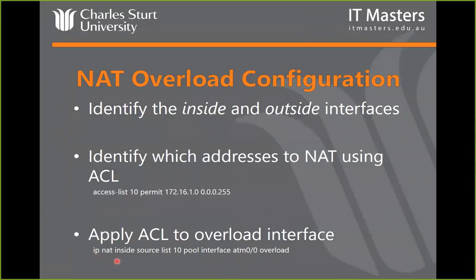So again, IP NAT, inside to outside translation using source address translation, match with access list 10. This time the pool, however, is interface ATM 0/0, and we're going to overload it. So that just says to the router, use the public IP address on ATM 0/0 and then use port address translation to distinguish between the different private IPs as they come through.